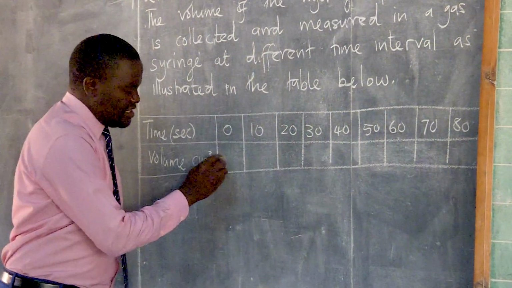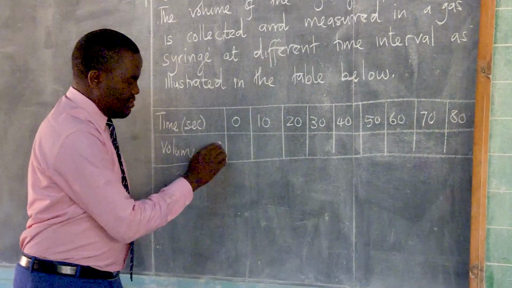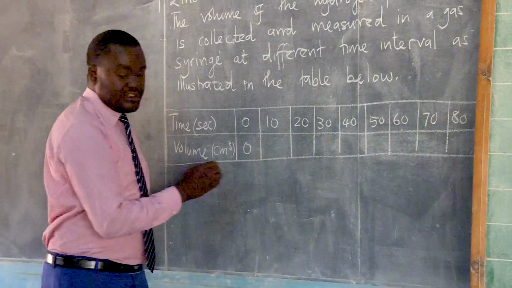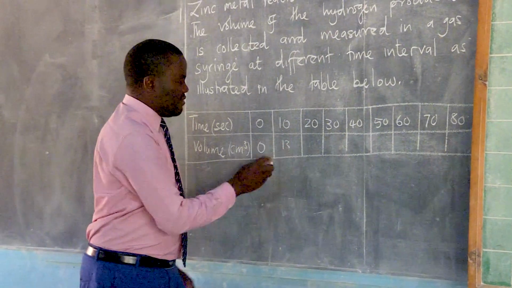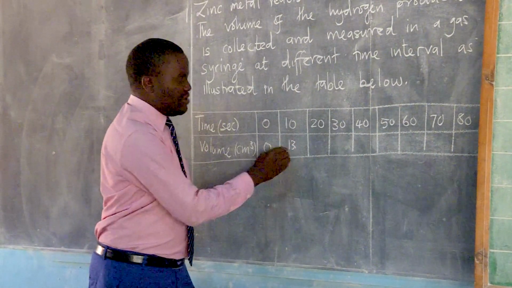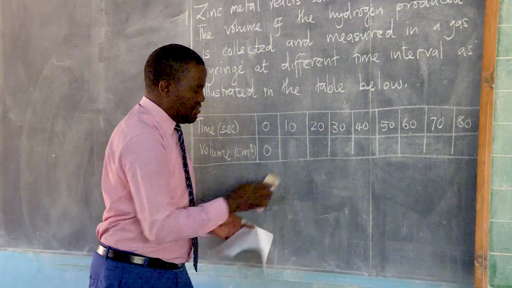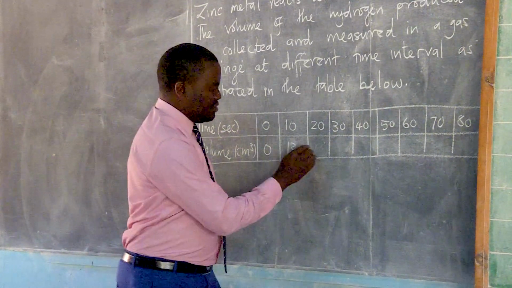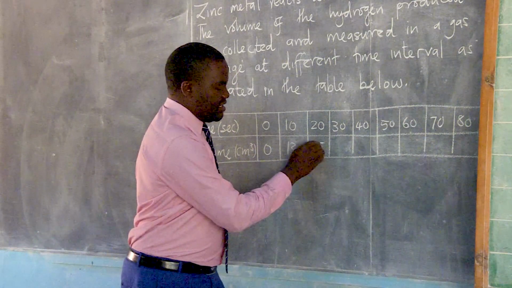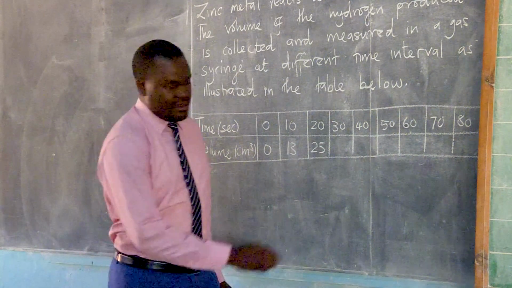So when time was 0, the volume of gas collected was also 0. When time was 10 seconds, the volume collected was 15 cubic centimeters. When time was 20, the volume collected was 20 cubic centimeters.